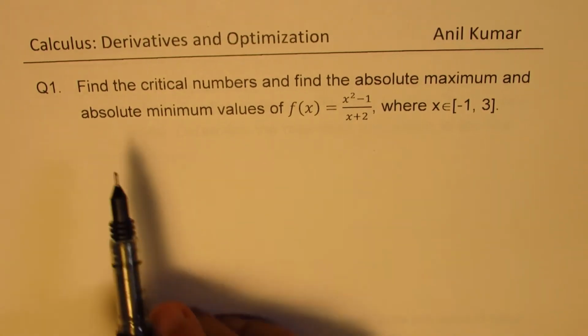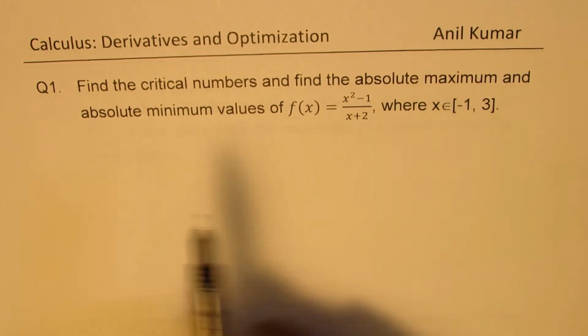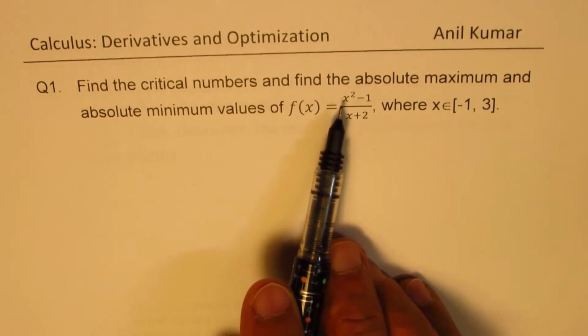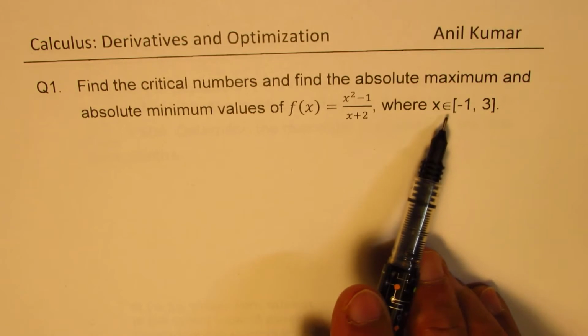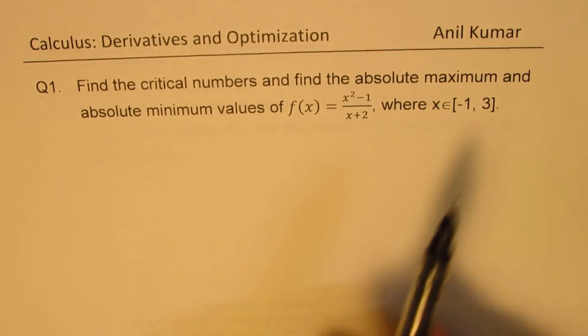Question number 1 is, find the critical numbers and find the absolute maximum and absolute minimum values of f of x equals x squared minus 1 divided by x plus 2, where x belongs to minus 1 to 3, both included.